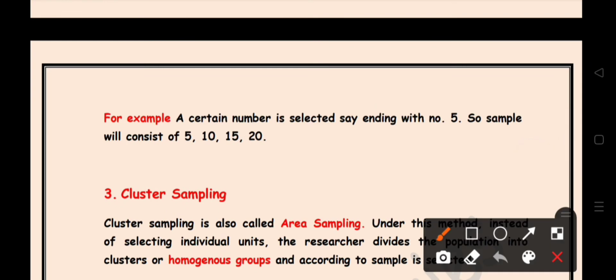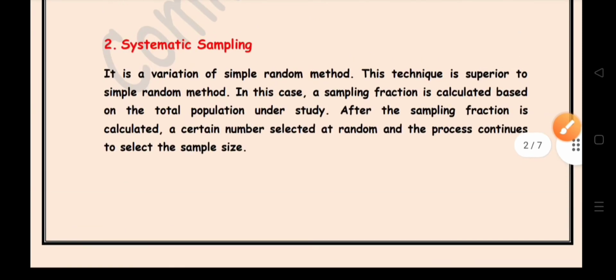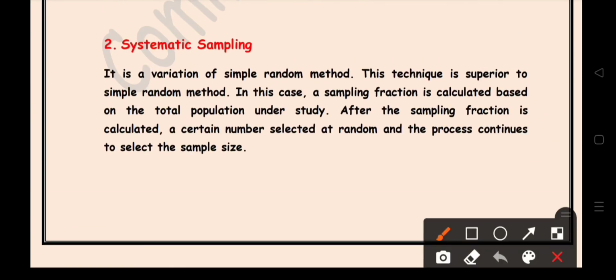For example, a certain number is selected ending with five, so its sample consists of the 5th, 10th, 15th and 20th variable. So in systematic sampling, the researcher will calculate a sampling fraction according to his need.